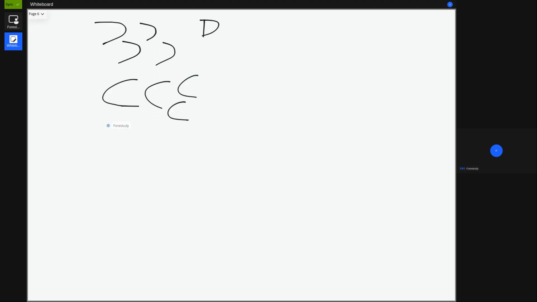Remember this: a linguoid ripple will have a D-shaped ripple. If this is a D, this is a linguoid ripple. A lunate ripple will be the opposite, U-shaped. Remember U-shaped, because lunate contains U. It will look like this.